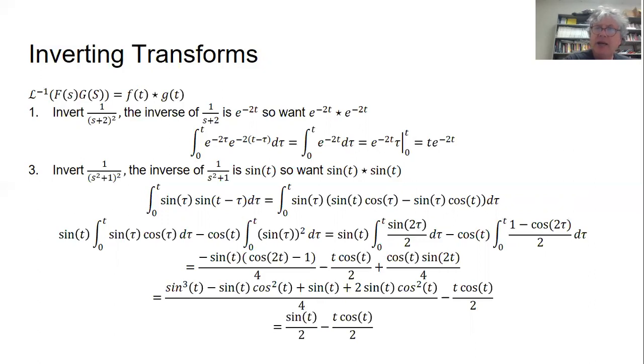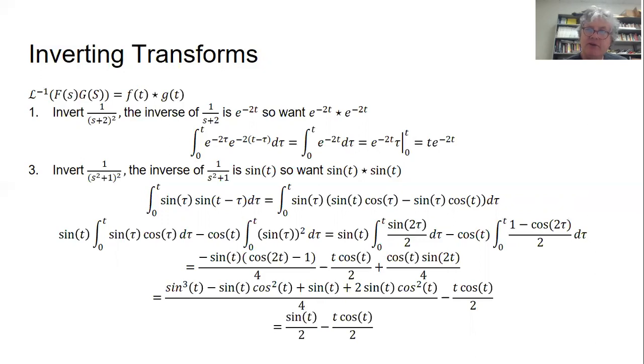Okay, in the last module, I mentioned the inverse Laplace transform of 1 over (s squared plus 1) all squared, and just by playing around, I found what the inverse is. Say you couldn't see that. Well, what you would do is sine of t convolved with sine of t.